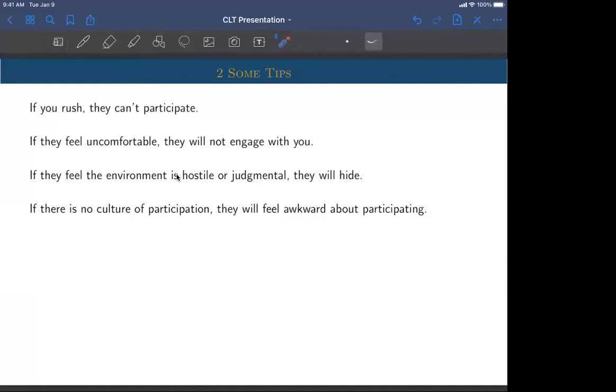If they feel uncomfortable, they will not engage with you. If students feel that the environment is hostile or judgmental, especially in an online setting, they'll hide behind their cameras. And if there's no culture of participation, they'll feel awkward about participating.